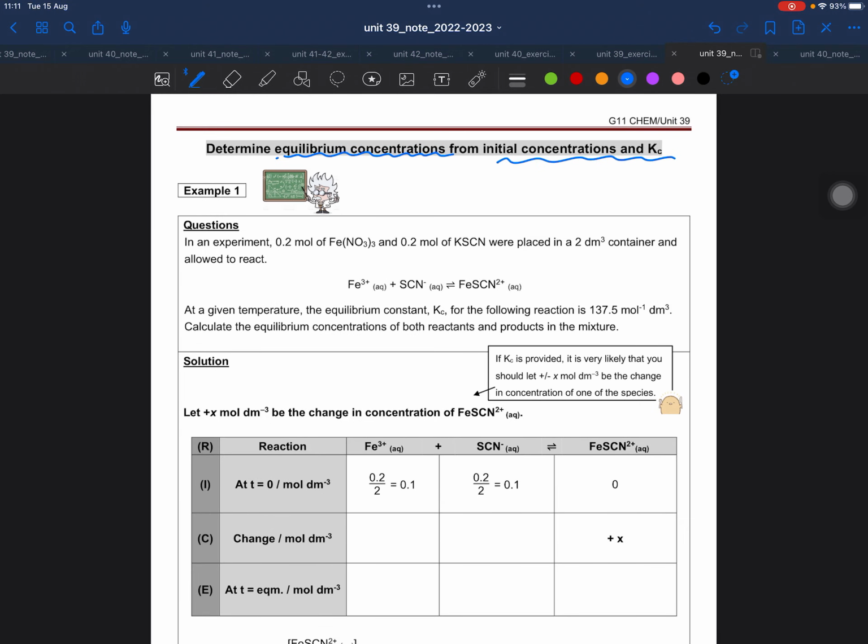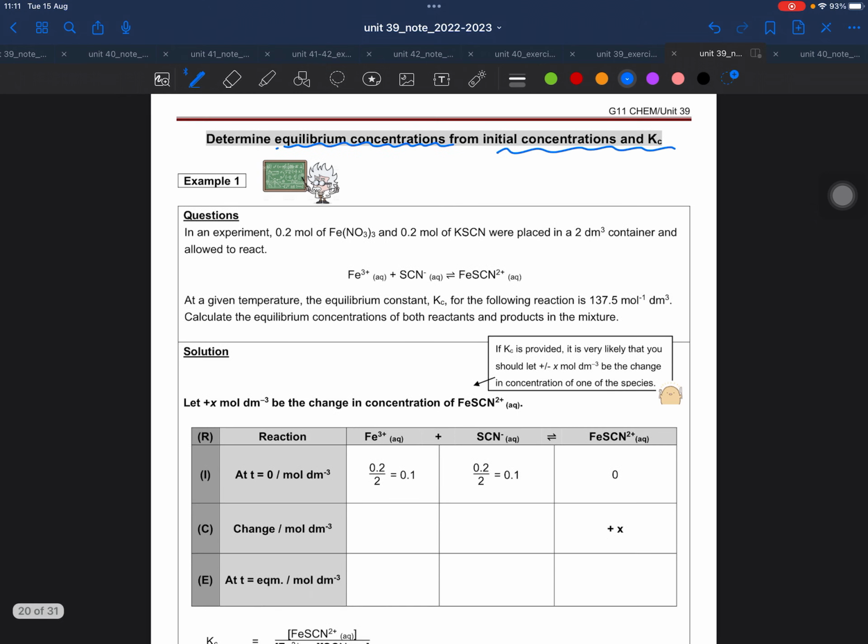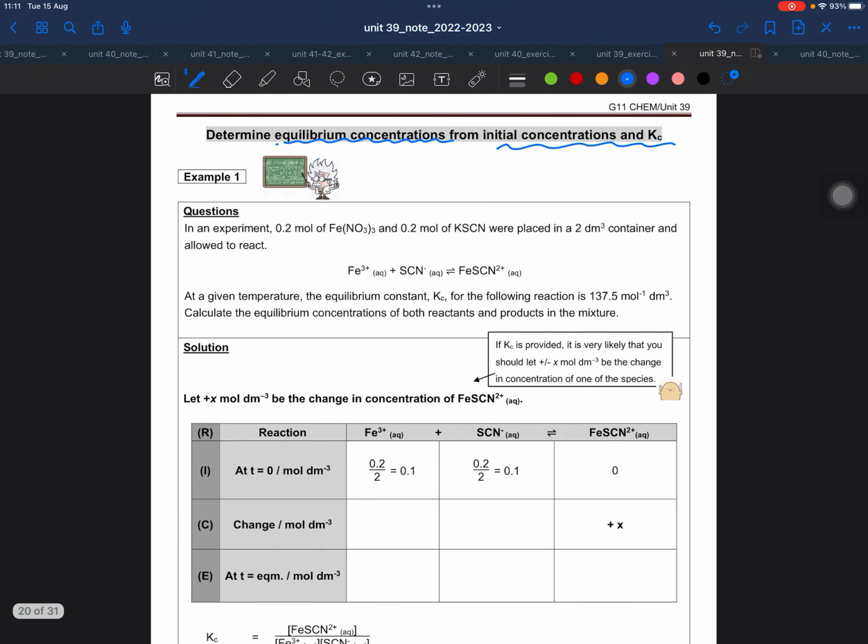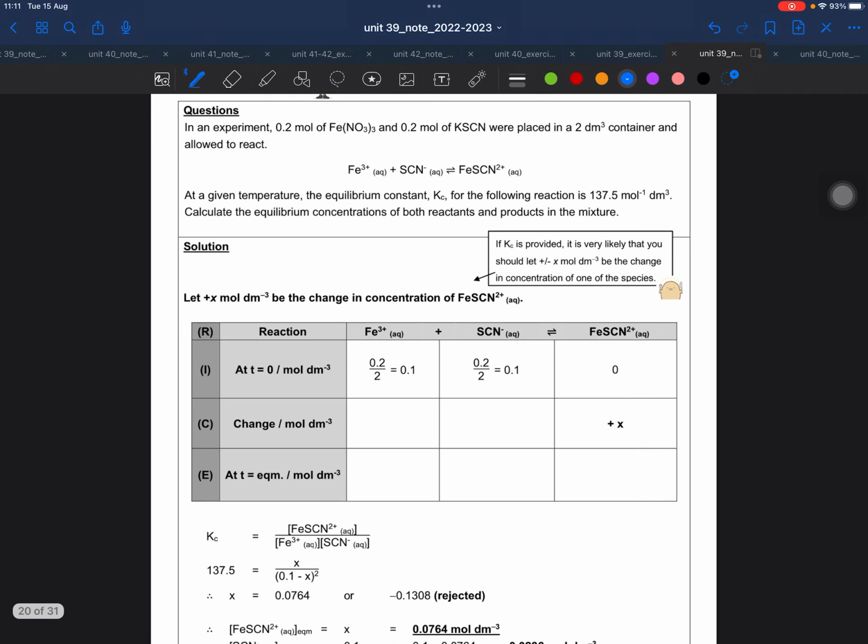But the scientists can prepare the Kc for you, but they cannot prepare the equilibrium concentration for you. So you will use the value of Kc to find your own situation.